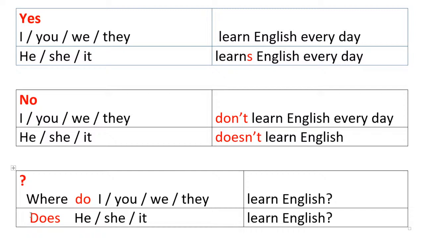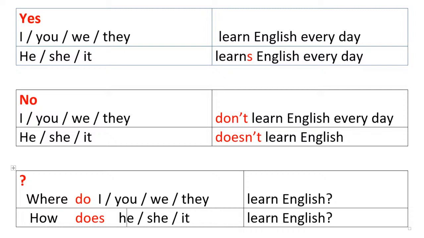Or, for example, how does he learn English? Or how does she learn English? So you put the question word at the very beginning of the sentence. And make sure if you have a yes no question, then the intonation will go up. For example, do you learn English? Does she learn English?